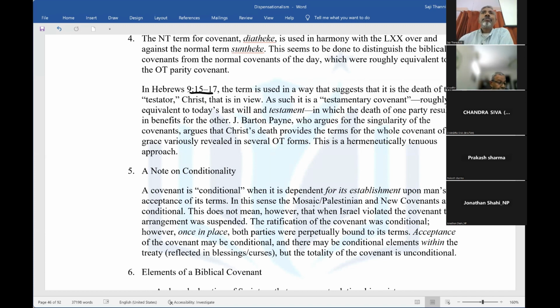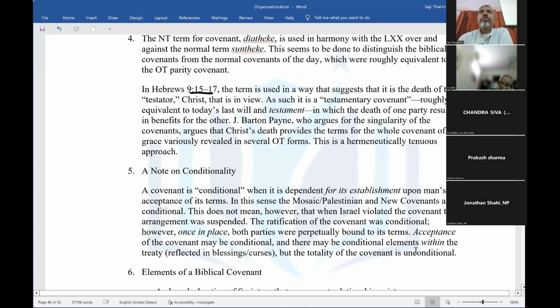All right. You are reading the NIV, is that right? Some other translations read "the death of the testator." What was that from, King James? Let me see if I can look at King James.